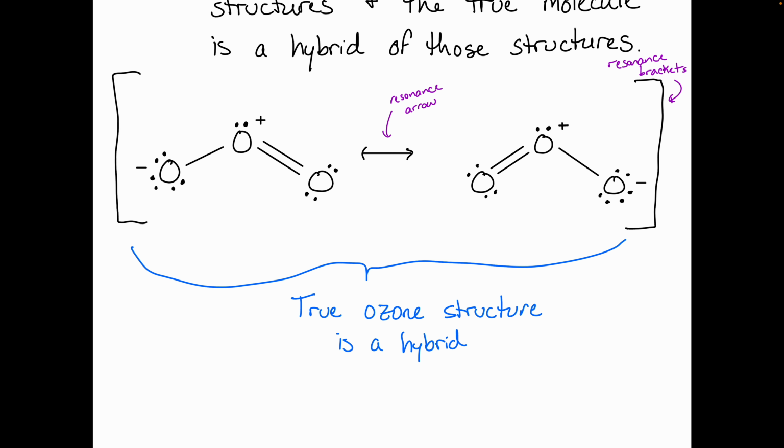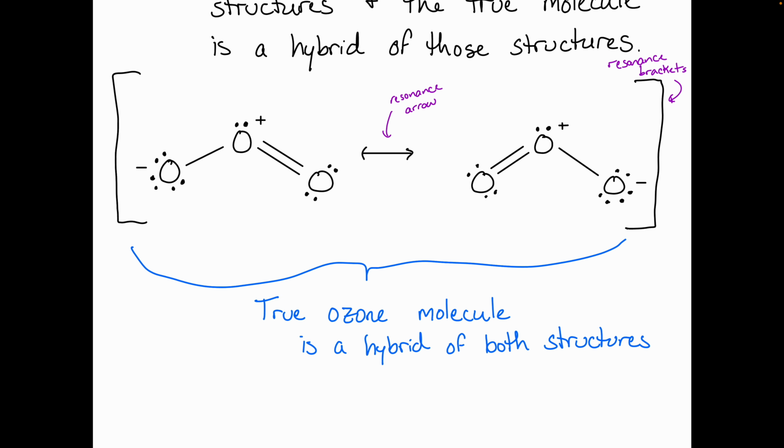Our true ozone molecule is a hybrid of both of these structures. Actually, let's take a step back and figure out what the difference is. Spot the difference between what's going on here in these two molecules.